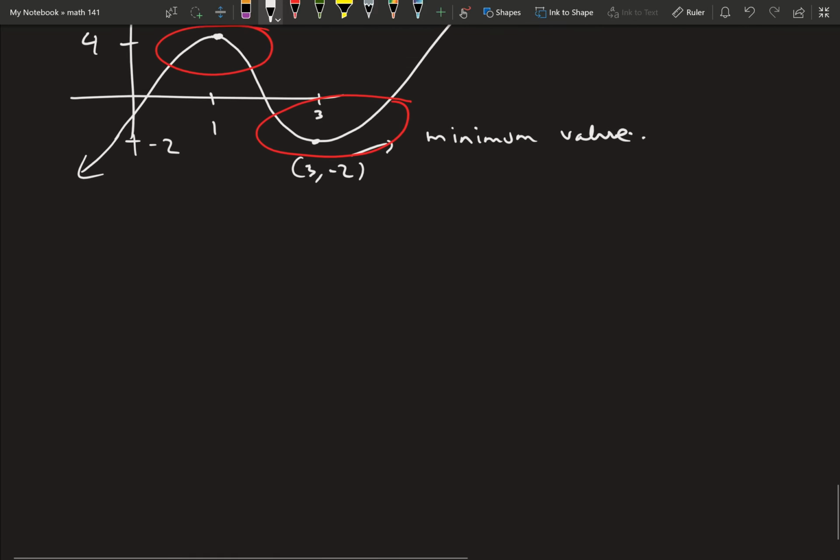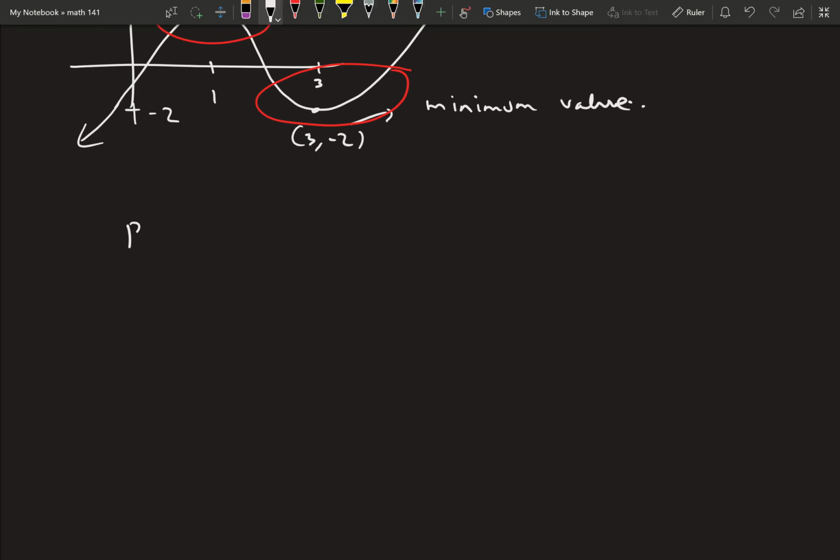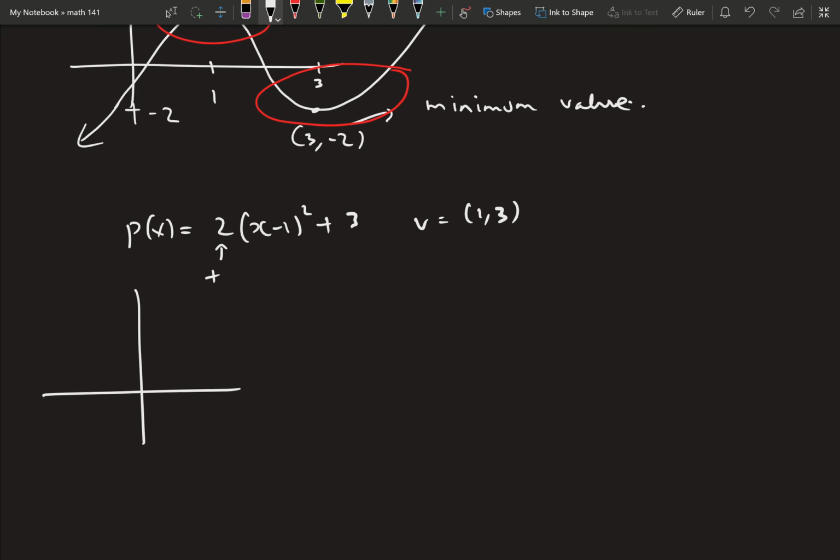Okay, let me summarize everything here, because that was a little bit long-winded. The vertex here is (1, 3). Because a is positive, we have a parabola opening upward from the vertex. Not only that, we have no x-intercept.